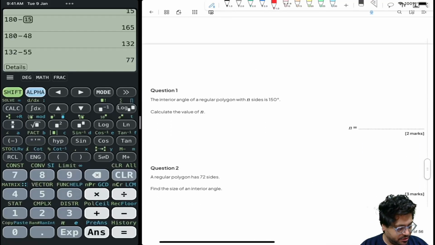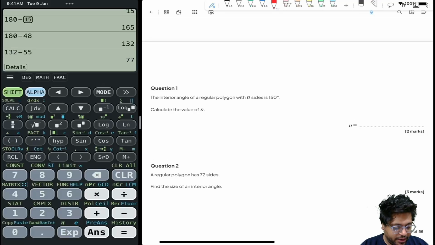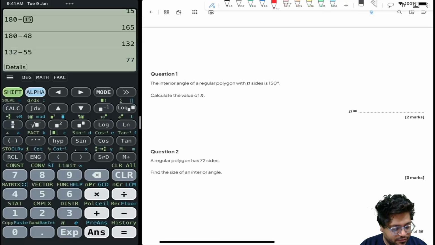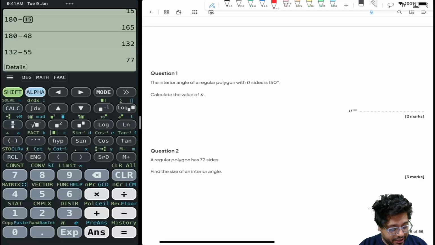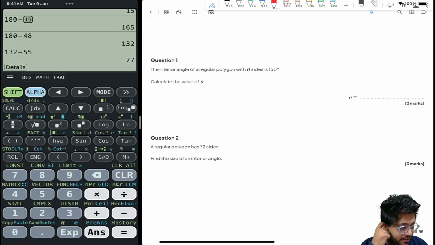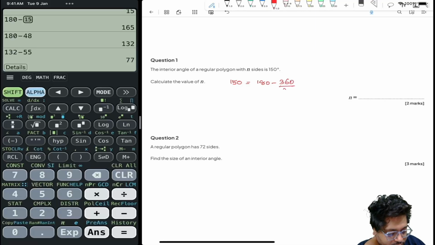See the first question. The interior angle of a regular polygon with n sides is 150. Now the interior angle is given. We are not supposed to find the measure of each interior angle. Here we are supposed to find the number of sides. So the formula is each interior angle, which is 150, equal to 180 minus 360 upon n. We want to find n, so let's make n the subject.